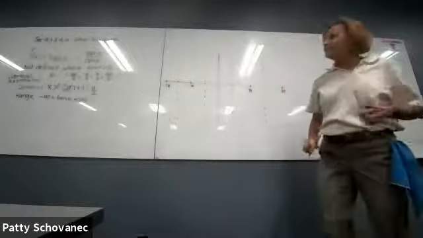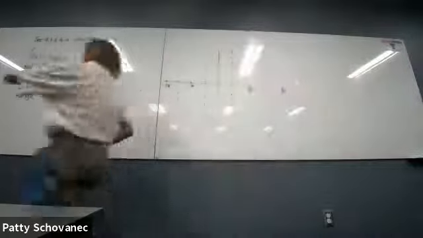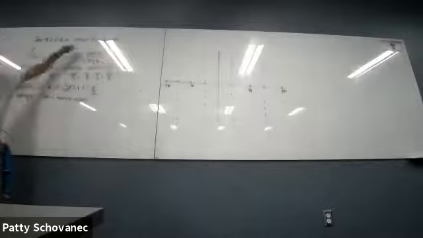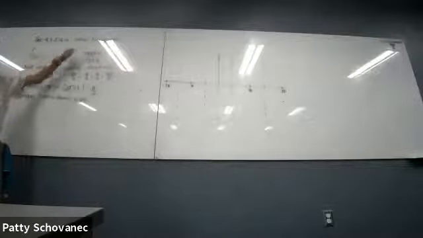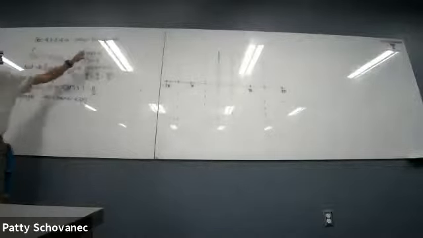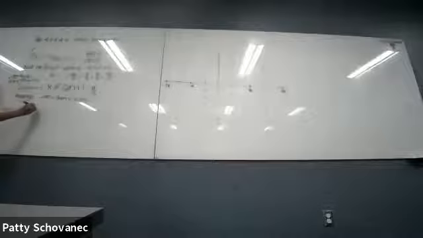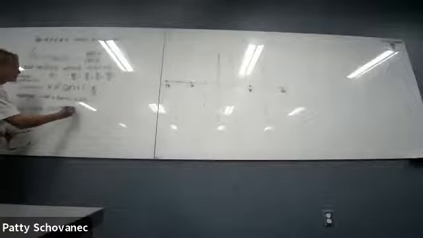Now, the next thing to observe is that this thing has intercepts on the x-axis whenever the sine is 0. The tangent is 0 wherever the sine is 0. And where is the sine going to be 0? 0, pi, 2 pi, and so on.